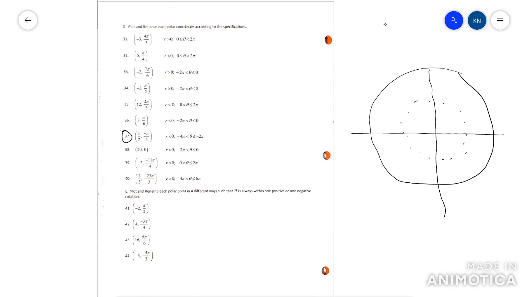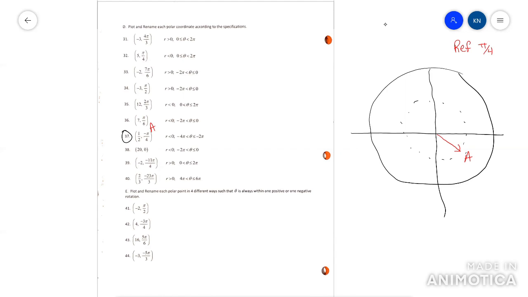So negative pi over 4 would put you like here. And the 1/2, I go halfway to that circle. All right, so this is the original. We'll call it A. And my reference angle for A is pi over 4.